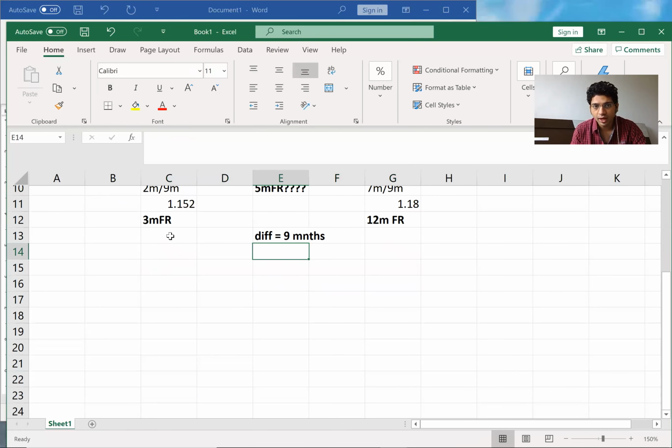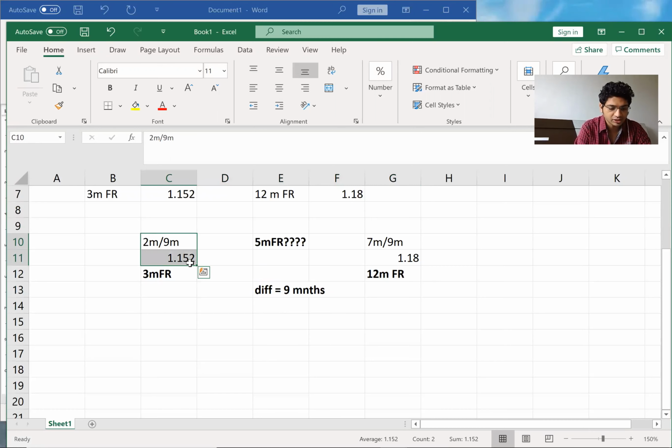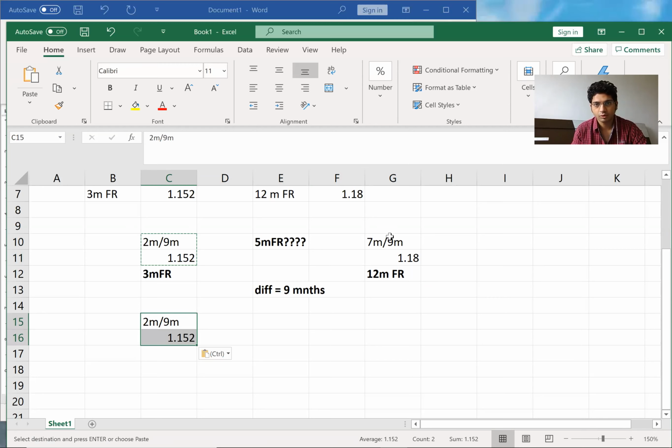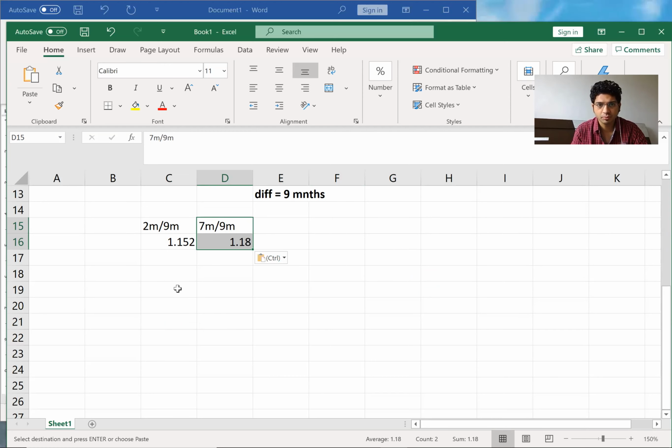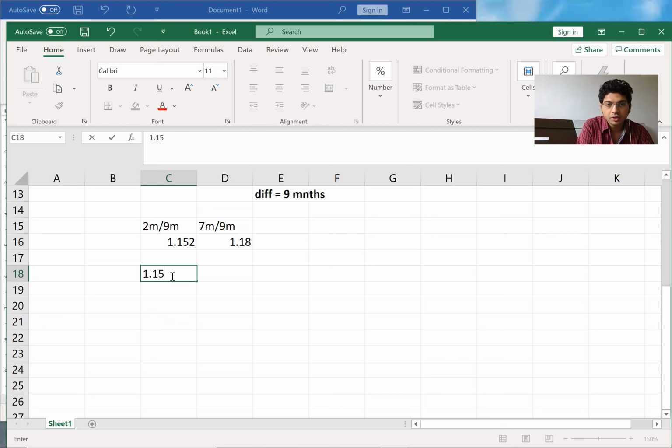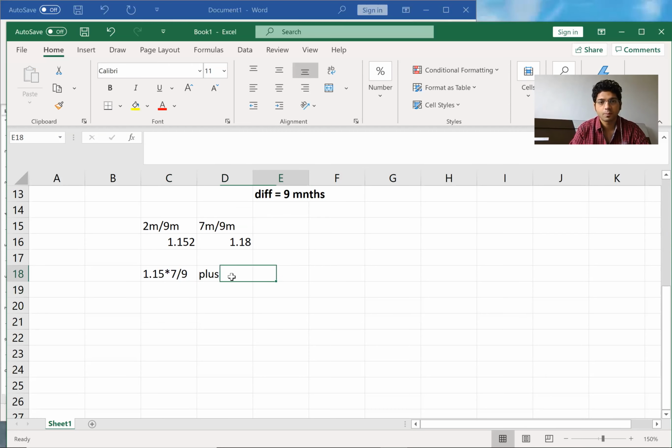Okay, so now I'll just write this again and I'll just cross multiply, and find out the average. So average will be cross multiply 1.152 into 7 by 9 plus 1.18 into 2 by 9.